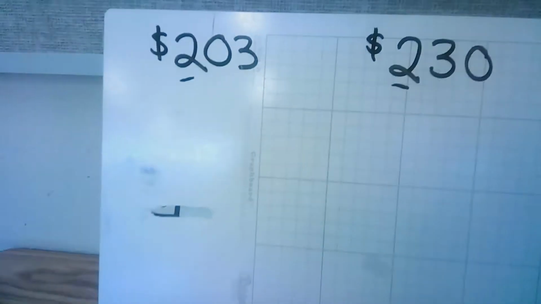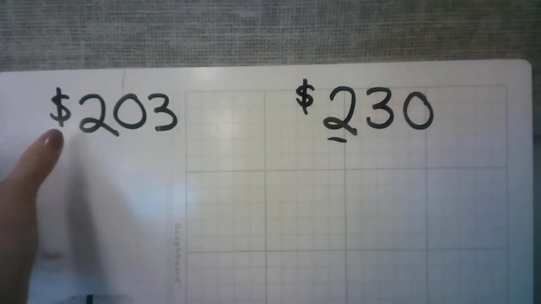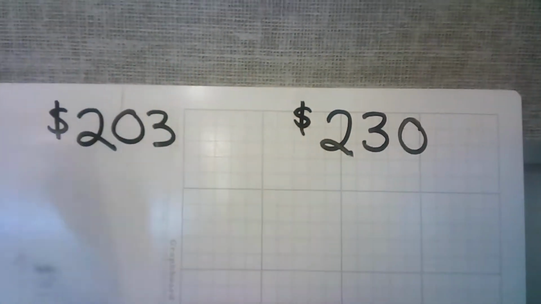So what's more, 0 tens or 3 tens? What's the value of these 3 tens? Well, this is $10 plus $10 plus $10, so the value here is $30. That's a lot more than $0. So looking up at my board again, we're not looking at the hundreds anymore because that's not helping us out.